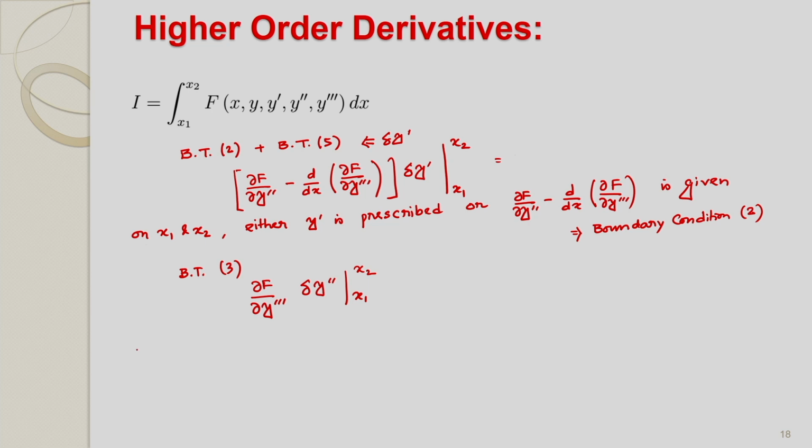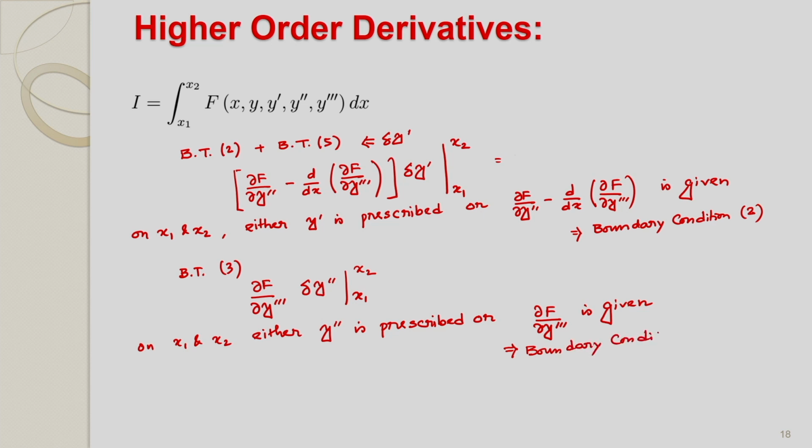So, it tells us on x 1 and x 2 either y double prime is prescribed or del f del y triple prime is given. So, this is your boundary condition 3.